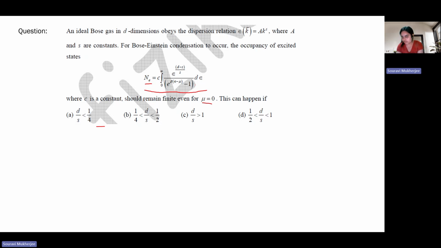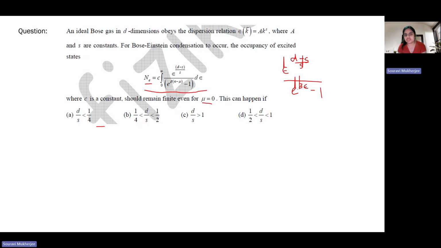Now for this to be defined, what happens? If you put mu equal to 0, you get an expression like epsilon to the power (d minus s) by s, divided by e to the power beta epsilon minus 1.